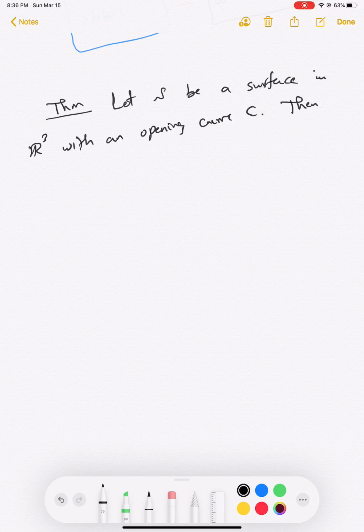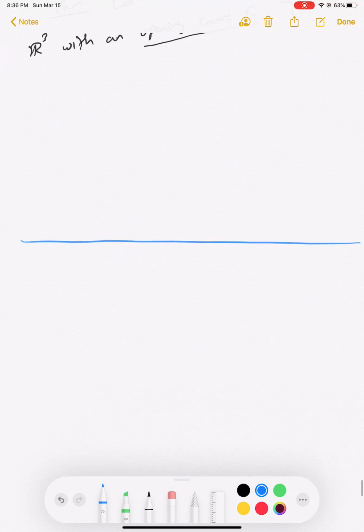So I want to explain the meaning. What do I mean by the opening curve C? Remember, in the divergence theorem, we need to make everything clear, because now it's time. You will see in Stokes theorem, it's time for a little bit of confusion. So in the divergence theorem, if you remember, the surface S has to be closed. It must be. If it's not closed, you can't apply the divergence theorem.